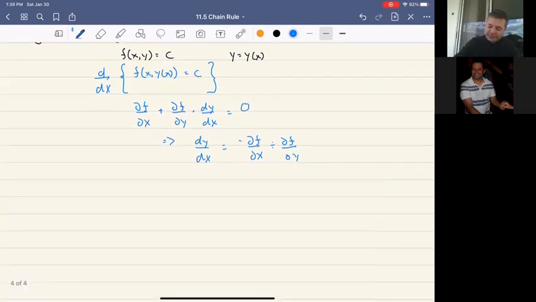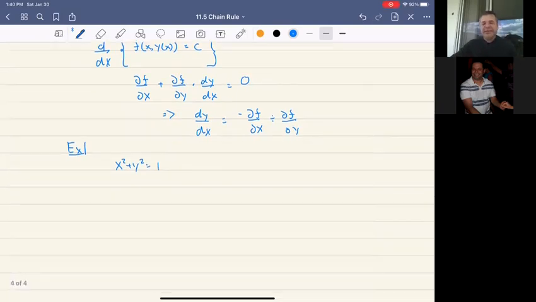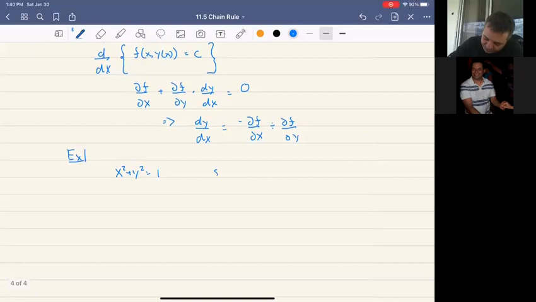As an example, let's take x squared plus y squared equals 1. That's just a unit circle. Suppose y is a function of x. We don't really suppose it. It's more like we're just saying that we're going to use x as the independent variable. We could also do it the other way around.